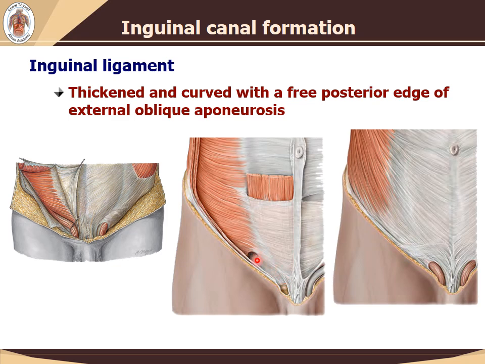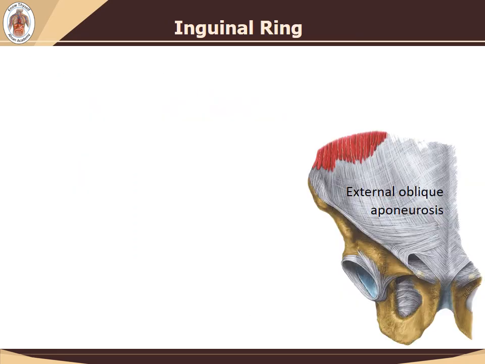The medial half of this rolling forms the floor of the canal, and the lateral two-thirds gives attachment to the internal oblique muscle, and the lateral one-third gives area for the attachment of the transversus abdominis. So these together help in the formation of an oblique canal in the lower part of the abdomen.